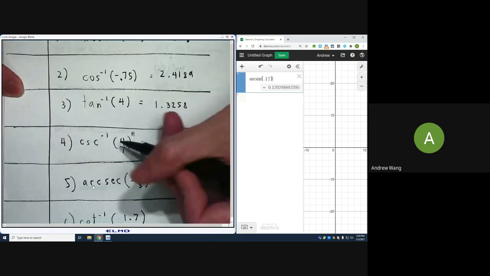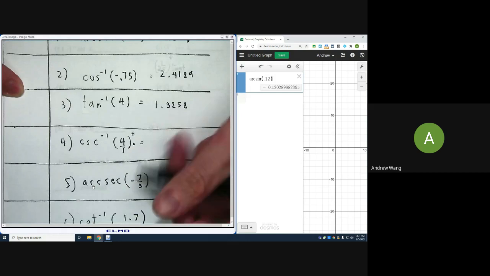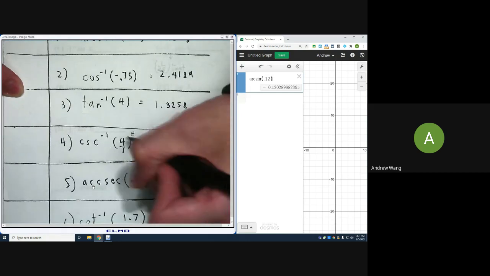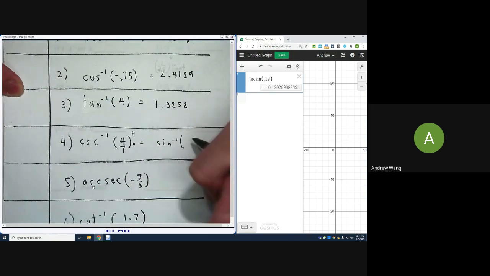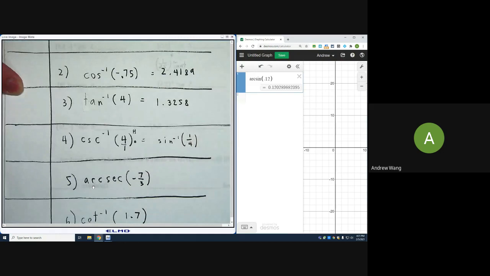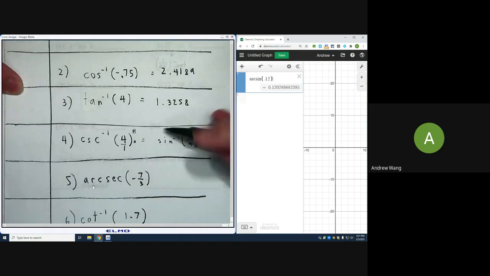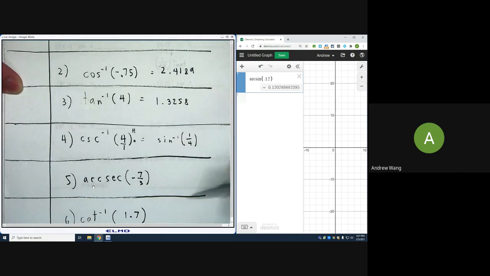So if we use the same numbers but make it sine, we can flip the ratio, and that's something we can enter into the calculator. These two would give you the same angle, cosecant and sine, if you flip the ratio.